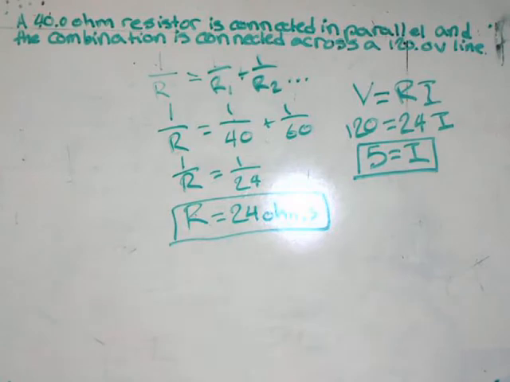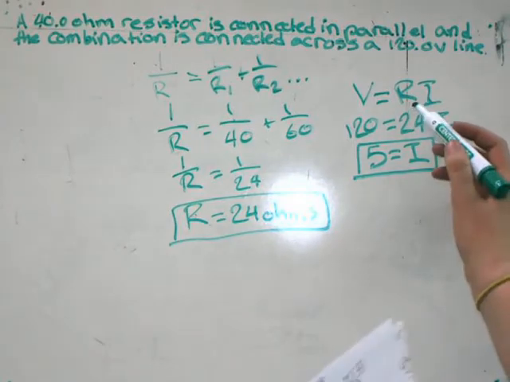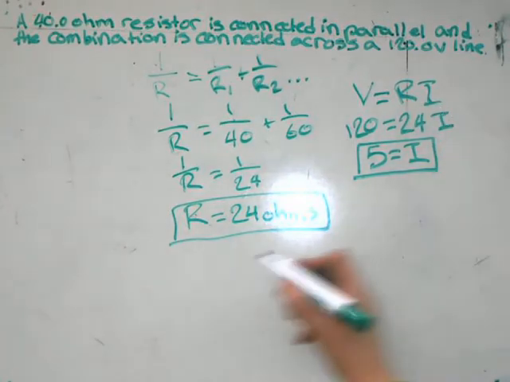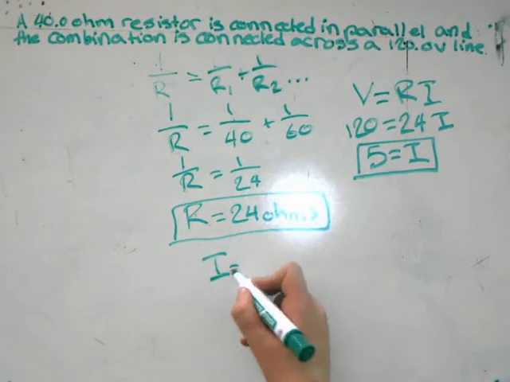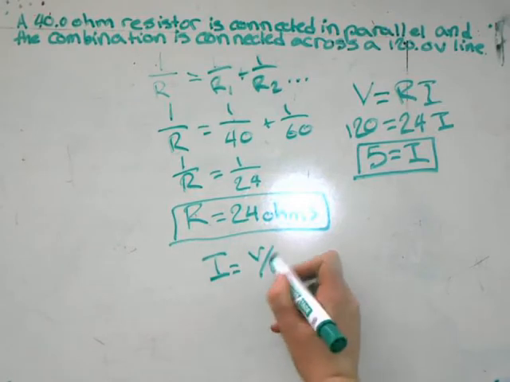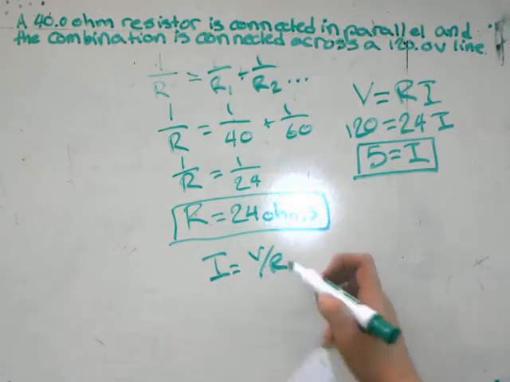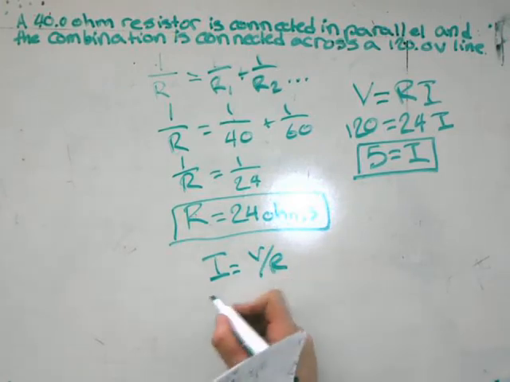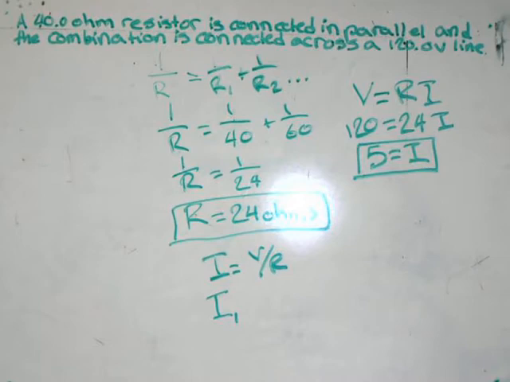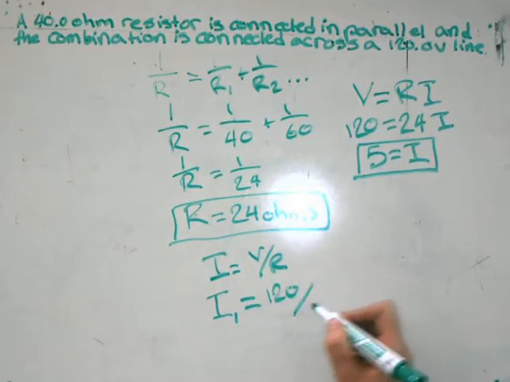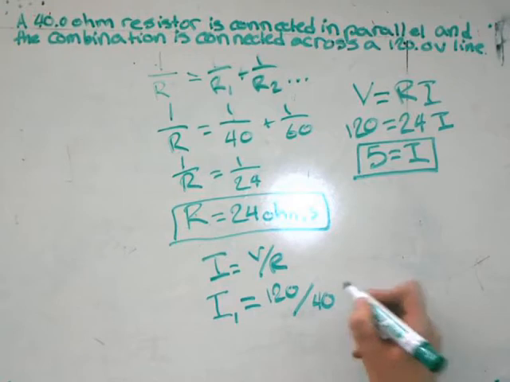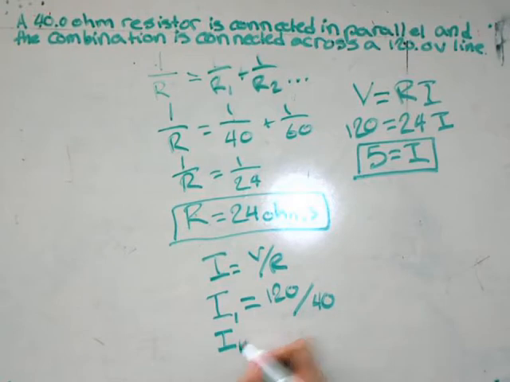If we reorganize the equation to solve for I, we see that I equals V over R. For I1, the first resistor, V is 120 and R is 40, so the first current is 3.